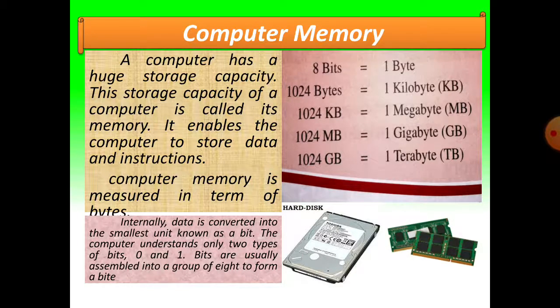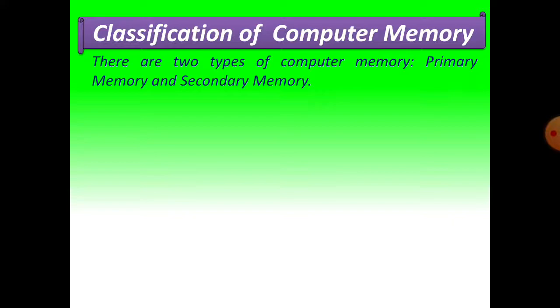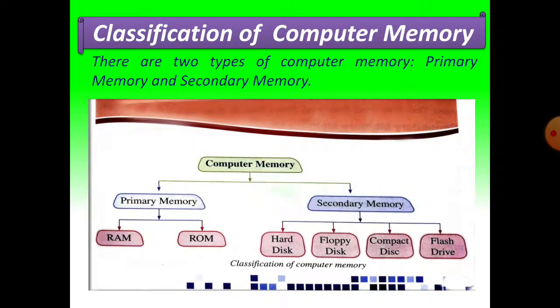And here are the computer memories. Classification of computer memory. There are two types of computer memory, primary memory and secondary memory. So computer memory is basically divided into two categories: primary memory and secondary memory.